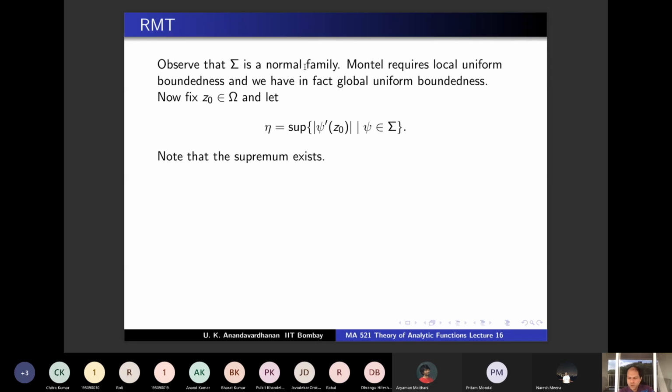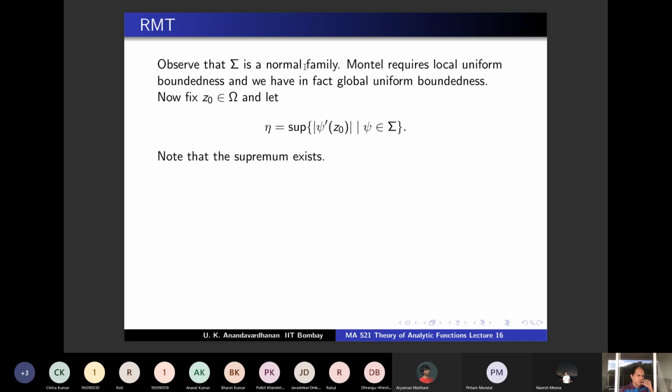So this metric that you put on continuous functions on omega is such that convergence in that metric is uniform convergence on compact sets, meaning Fn converges to F in that metric is the same as saying Fn converges to F uniformly on compact subsets.